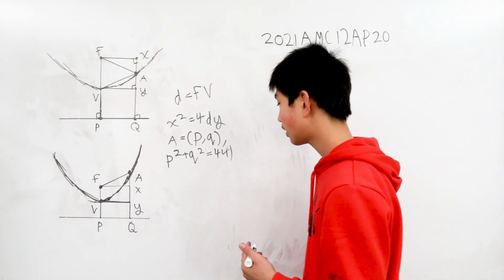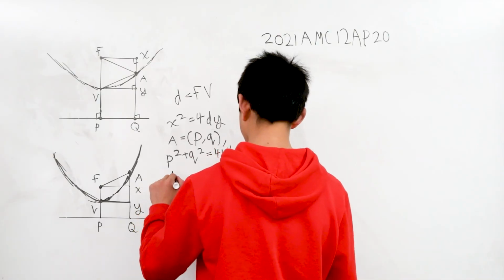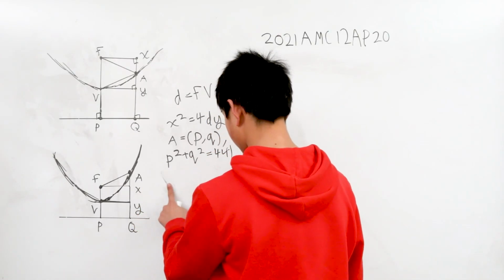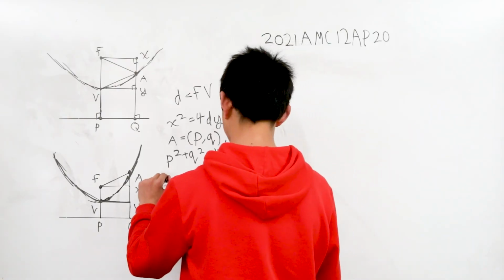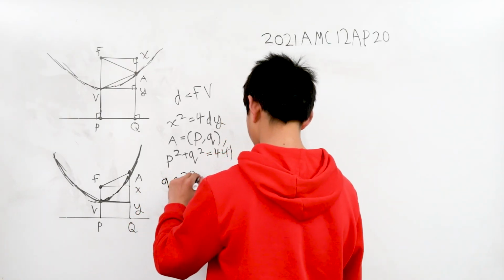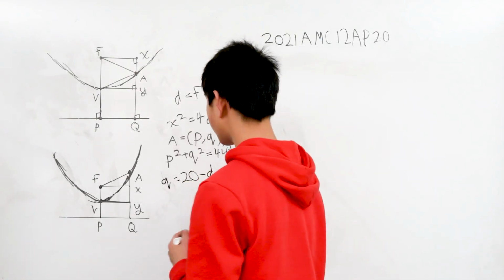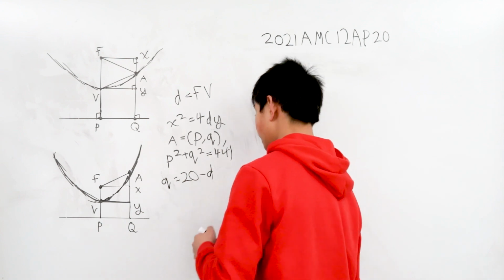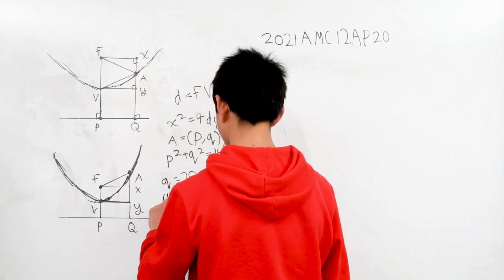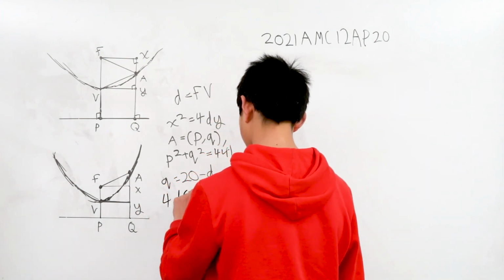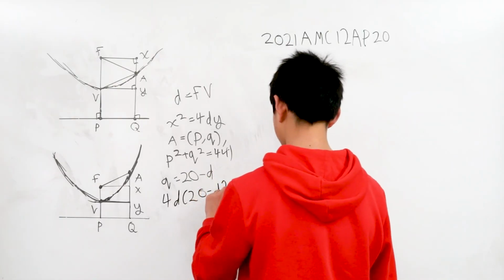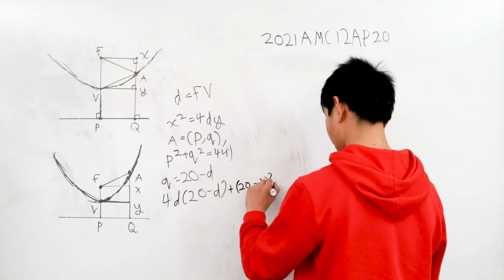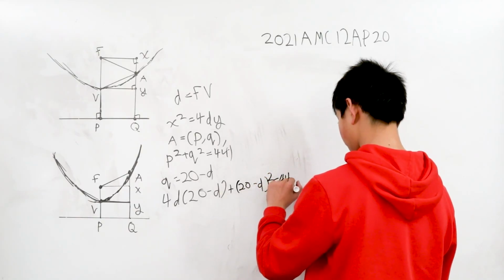So, with that information, we can express q in terms of d as q equals 20 minus d. We can then plug this value of q into this equation. This p squared becomes 4d times (20 minus d), plus (20 minus d) squared is 441.